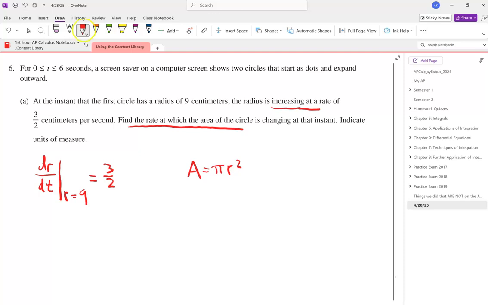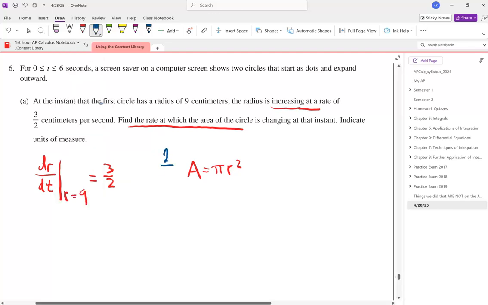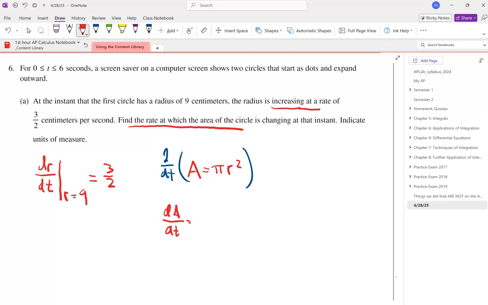All right. So we have this. Now we'll take the derivative of both sides. When I do that, the derivative of A with respect to t becomes dA/dt. Pi is a constant, so I ignore it. The derivative of r squared is going to be 2r times dr/dt.